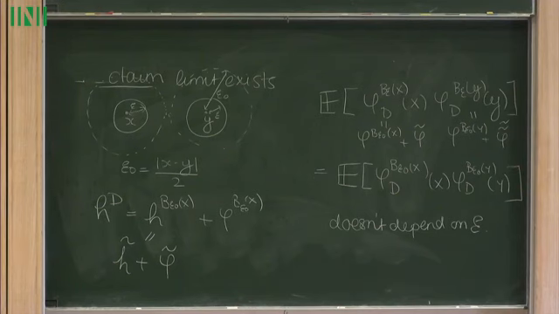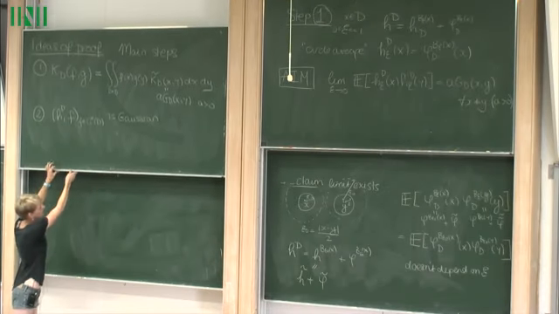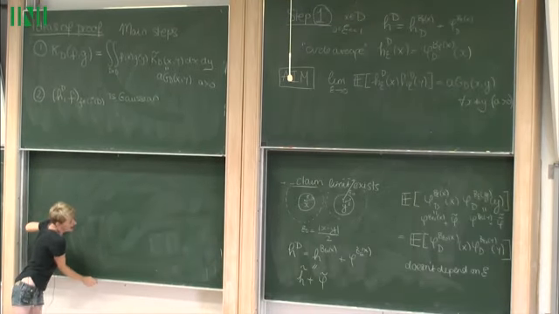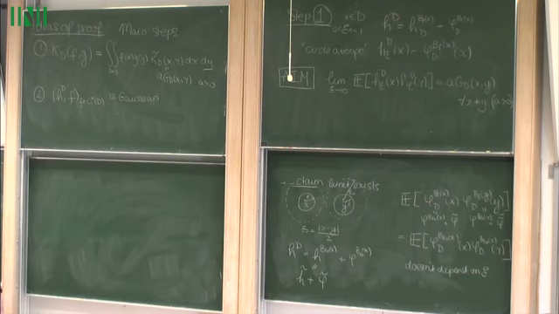Okay, so just to recap, what we've done is we've taken two distinct points x and y, and we've looked at the thing we want to take a limit of, and we've shown that for small enough epsilon, it's constant. Okay, so obviously this limit exists. So you've got that this limit exists, and you want to show that it has to be a multiple of the Green's function, and you can guess from what came up earlier how you're going to do this.